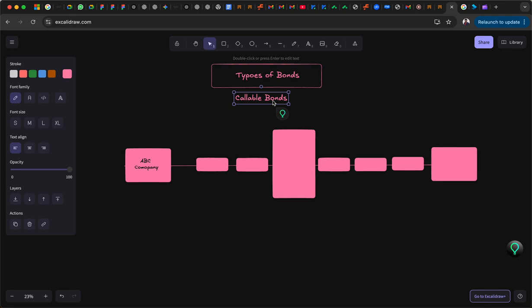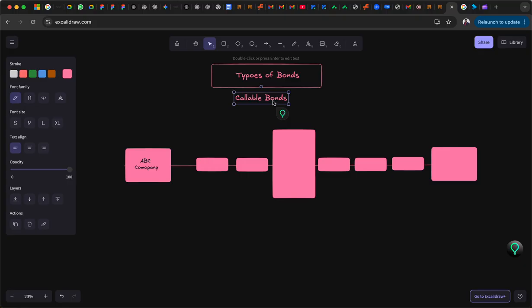So it's a continuous cycle, right? What if, let's say, as ABC company, you are paying almost 10% interest payment to the bond holders, and there is a company called XYZ. That company is paying 7% interest payment.